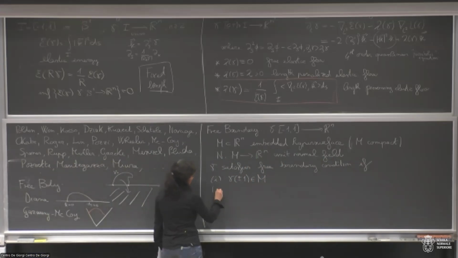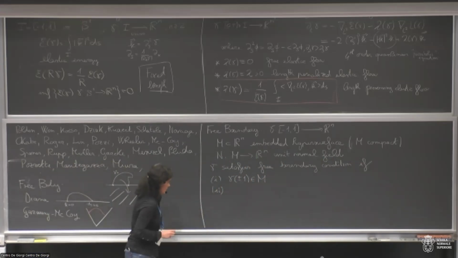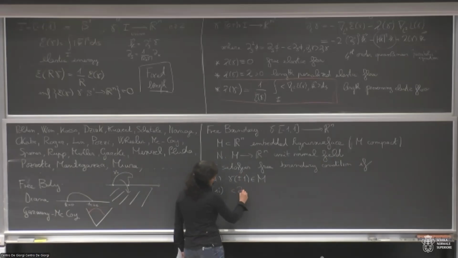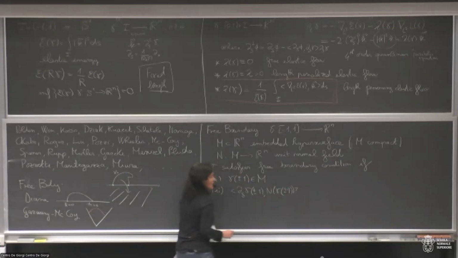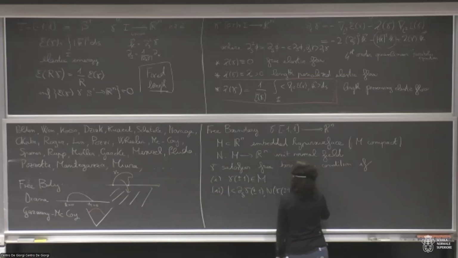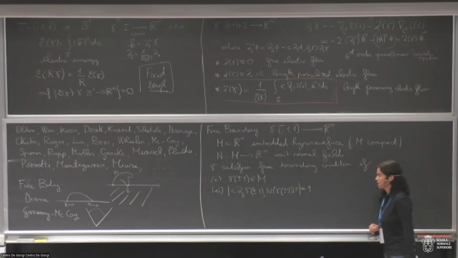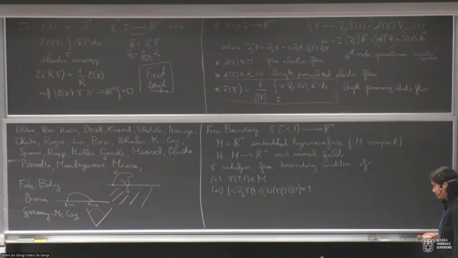Then we want orthogonality. So we want that the scalar product between the tangent vector of gamma at the endpoint and the normal vector is equal to plus or minus 1. So in absolute value, this should be equal to 1.